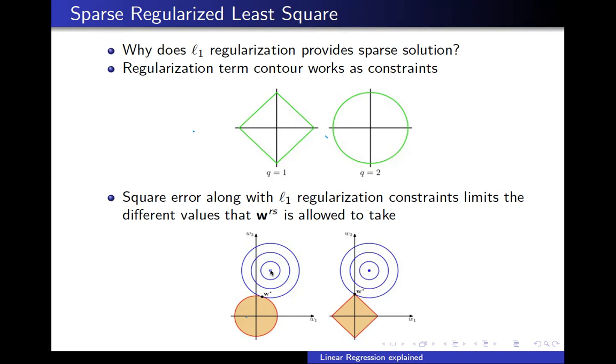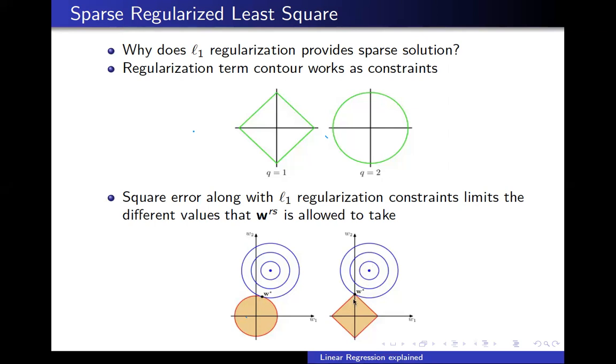So your goal is to minimize the objective function value, but at the same time, that solution should also lie within this designated area given by the regularization term. So if you increase the contour such that the objective function value increases, the first time it touches this region, that is the minimum value that satisfies this constraint. The same thing happens over here.